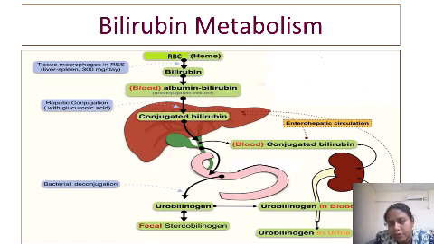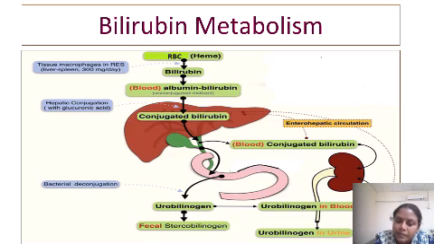The UDP glucuronide transferase enzyme will conjugate the water insoluble bilirubin, that is unconjugated bilirubin, to conjugated bilirubin, which is water soluble. This conjugated bilirubin is now taken up by the biliary canalicular system, and the bilirubin enters the bile.